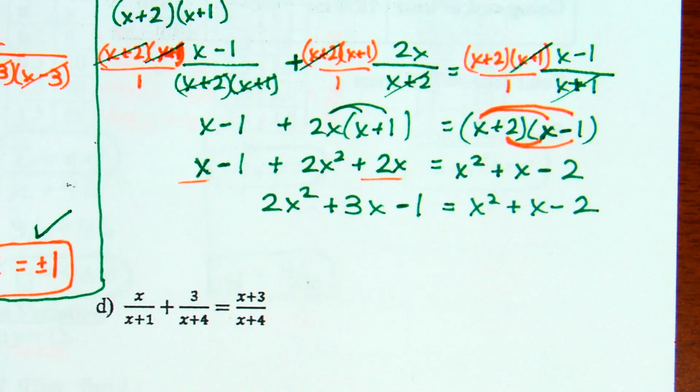Right now I have x squareds on both sides, x's on both sides, and plain old numbers on both sides. When I start moving things around, are all three of those terms still going to exist? Am I still going to have an x squared? Yeah, because those aren't going to cancel. Am I still going to have an x? Yeah. Am I still going to have a number? I am. So I'm going to have an x squared term, an x term, and a constant term.